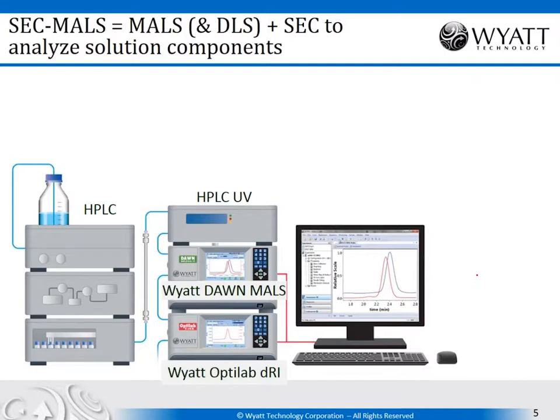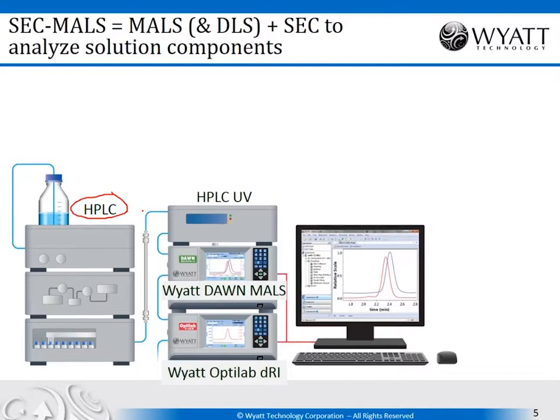And there are two techniques that are used to perform those measurements. So the first is SEC-MALS, which combines multi-angle light scattering and actually online dynamic light scattering as well, with the separation from size exclusion to analyze the solution components. So the system comprises a standard HPLC.